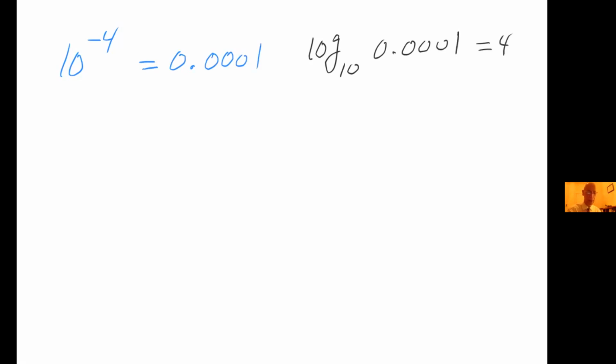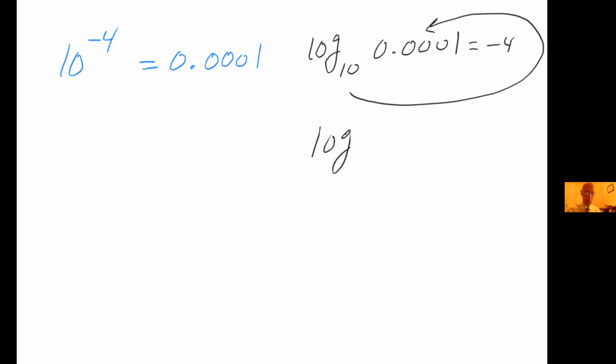In other words, 10 to the power of negative 4 is 0.0001. I could easily rewrite this as log of 0.0001 equals negative 4. Once again, for log base 10, writing the base is not necessary.